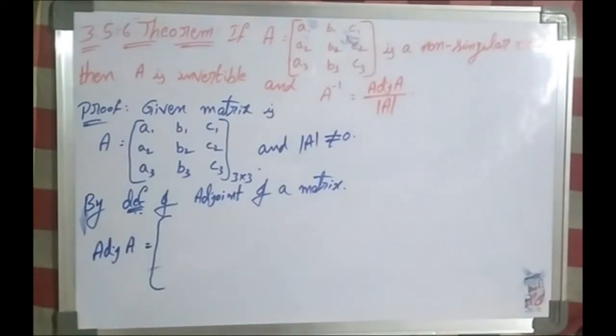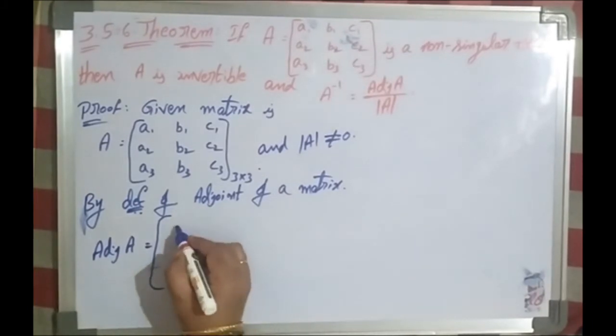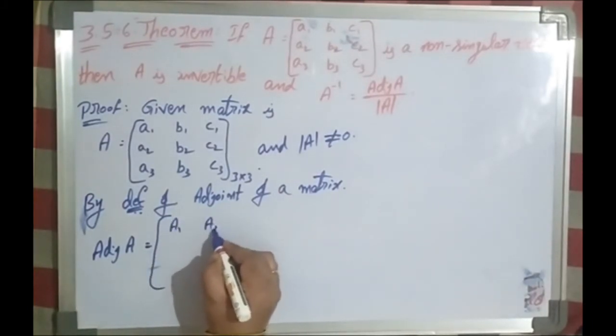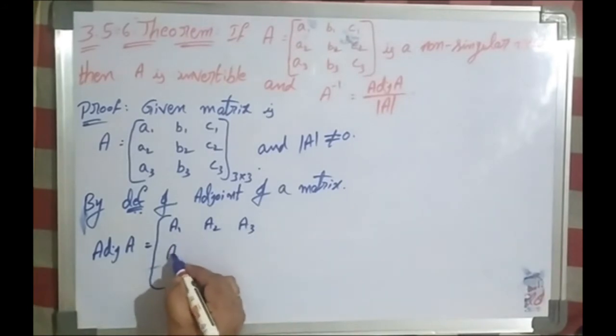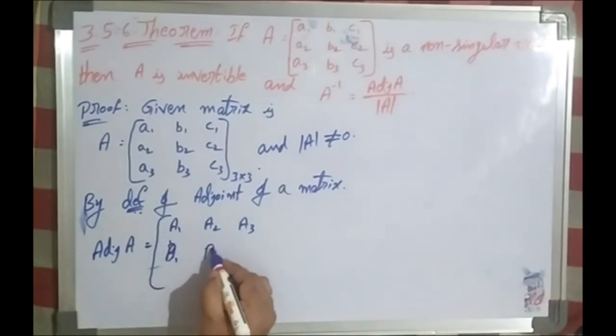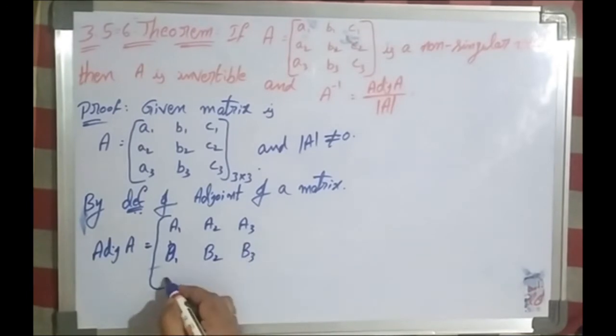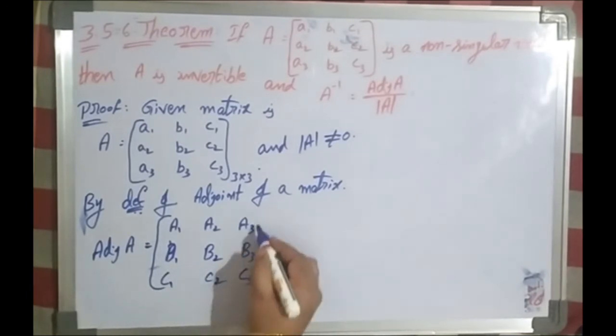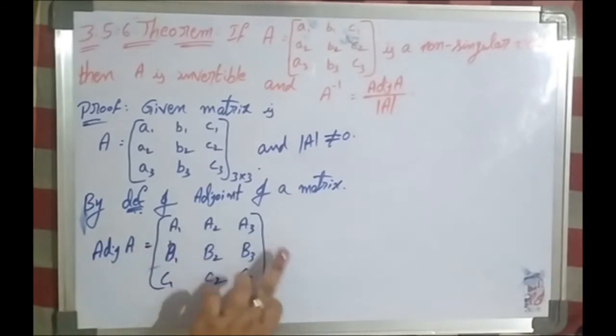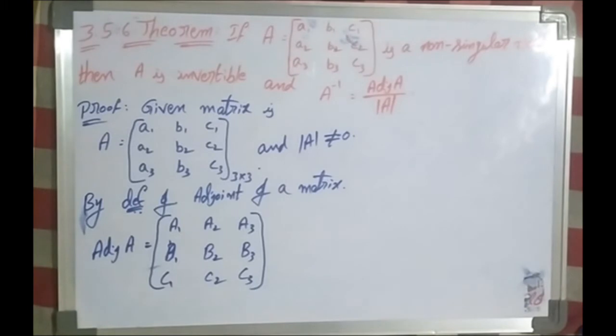The transposed cofactor matrix is called the adjoint of A. Then adjoint of A equal to [A1 A2 A3; B1 B2 B3; C1 C2 C3]. Here A1, A2, A3, B1, B2, B3, C1, C2, C3 are the cofactors of each element of matrix A. These are the A matrix and adjoint of A matrix.